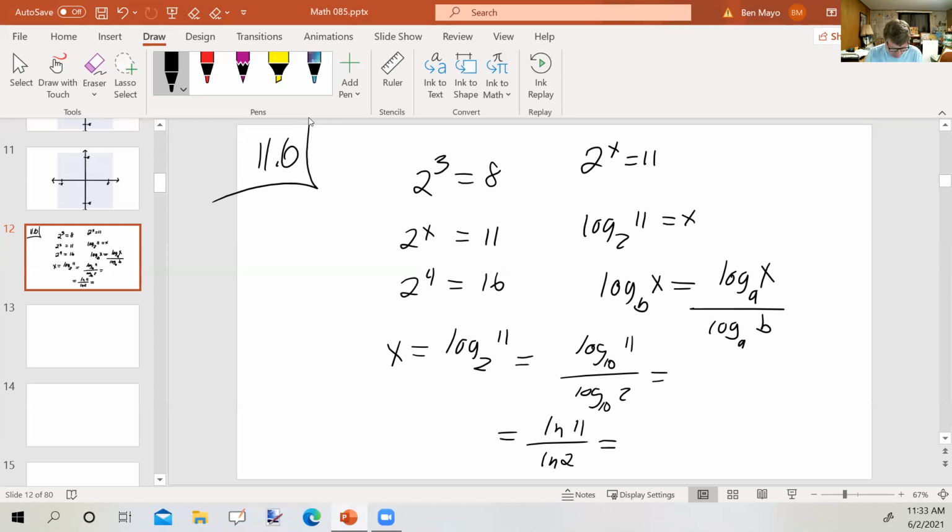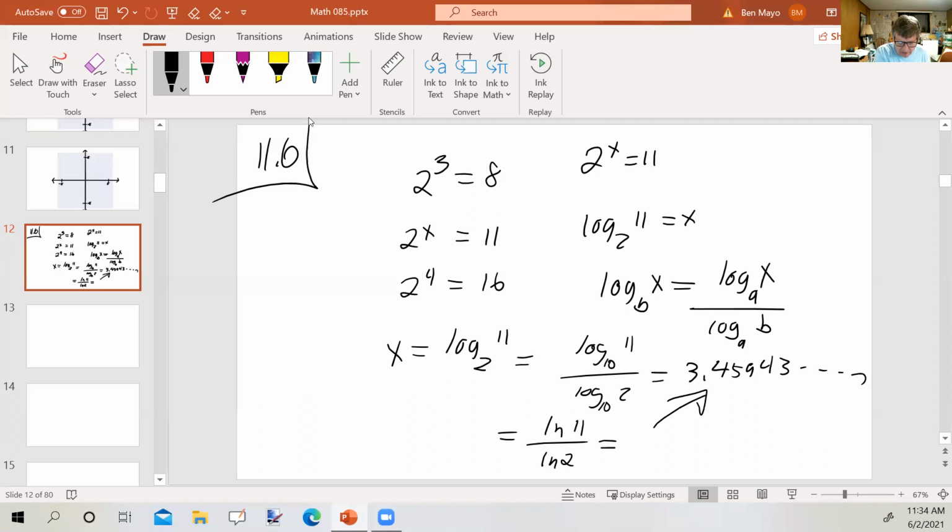If we do log base 10 of 11, close it up, divided by log base 10 of 2, I get 3.45943, etc. If I take the natural log of 11 divided by the natural log of 2, I get the same thing, okay? So there you have the change of base formula.